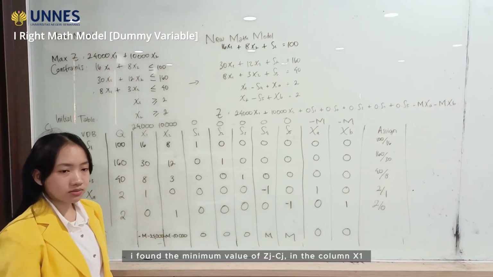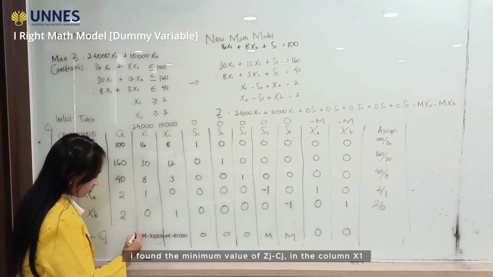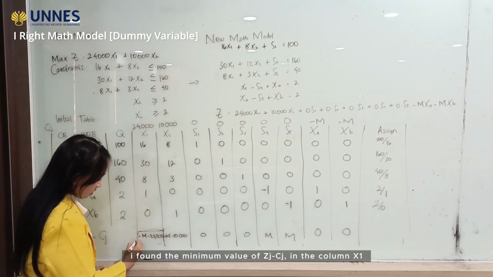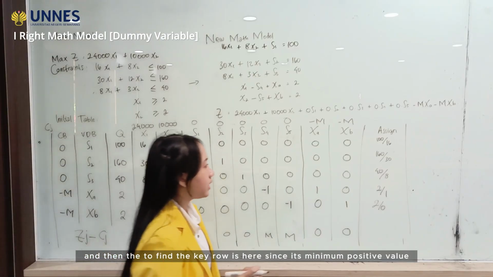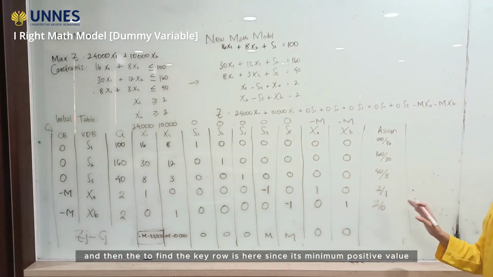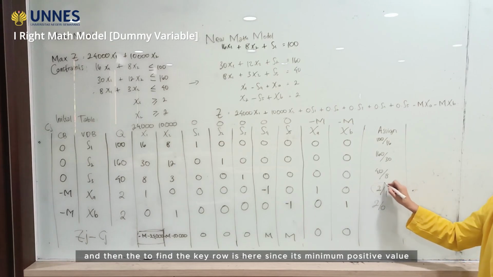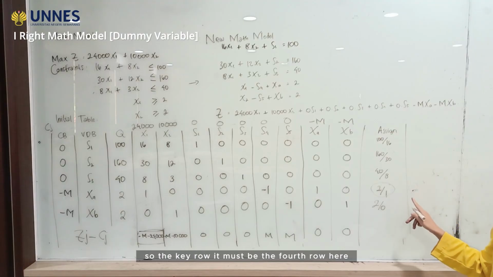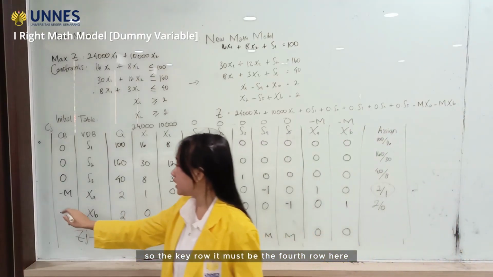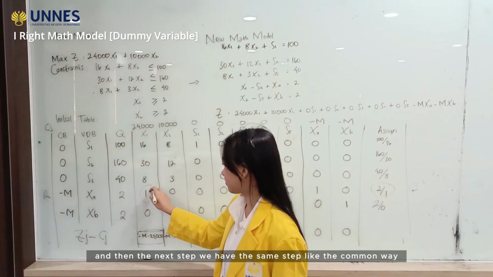I found the minimum value here, so in the column X1, the K row is here, since it's the minimum positive value. So the K row must be the fourth row here.